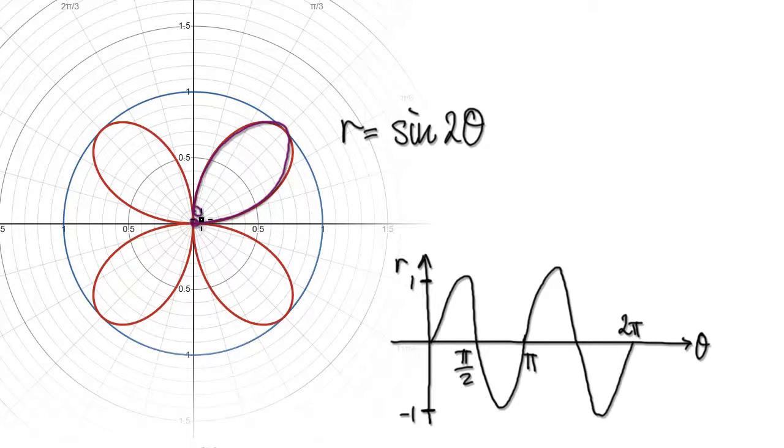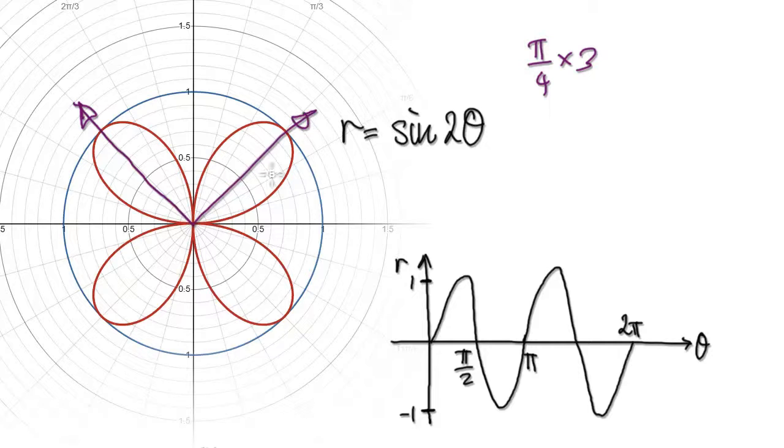Beyond 90 degrees, so now you're here, here, here. So let's say you're currently here. Okay, so when you are at an angle, let me think, pi over 4 is 45 degrees, and then times 3. So pi over 4 is 45 degrees times 3, 1, 2, 3.